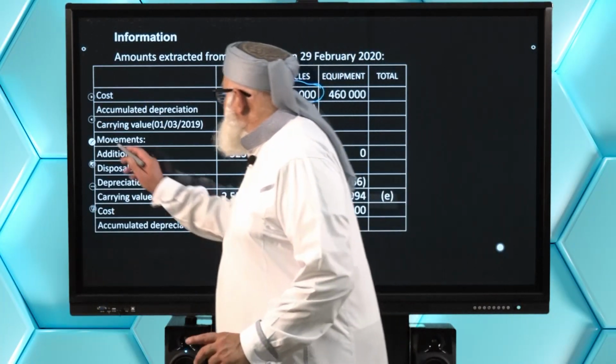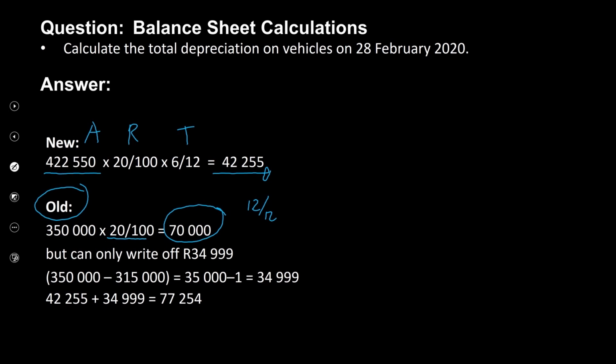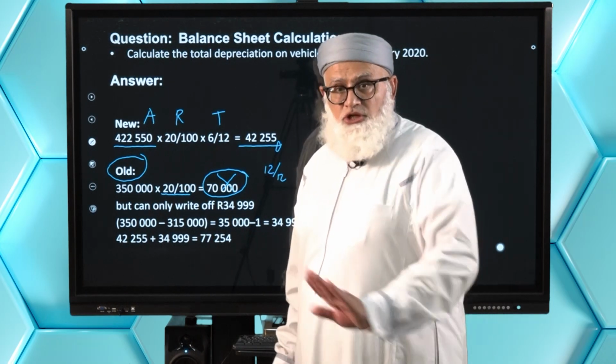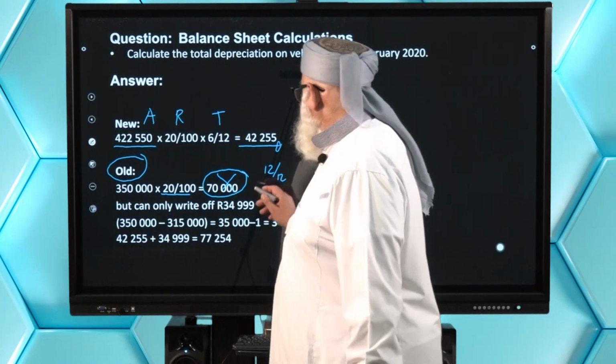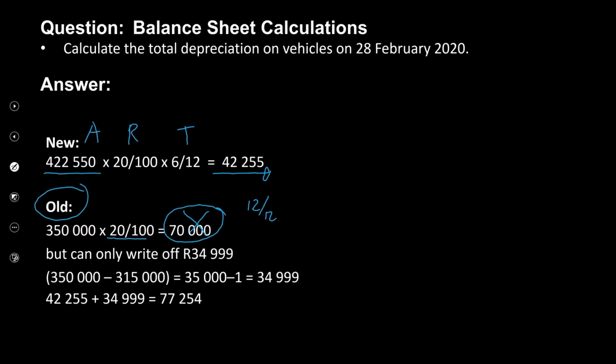So when you are faced with a question of this nature, the first thing that you do is ignore the 70,000, meaning you can't work on the 70,000 anymore as your depreciation. Go back and look at your figure, which was 35,000 Rand as your carrying value, minus 1 Rand from it.